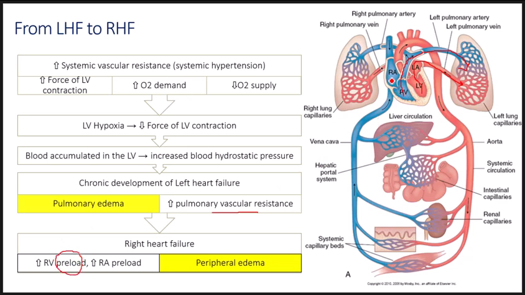Eventually, we're going to get this increase in preload within the right atria. It's going to back up into the superior and inferior vena cava, leading to all of that peripheral edema that we spoke about earlier. So everything that I spoke about with right heart failure now, you could put into this flow chart in order to help you understand the relationship between the two. When the left heart fails, it can eventually lead to failure of the right side of the heart.